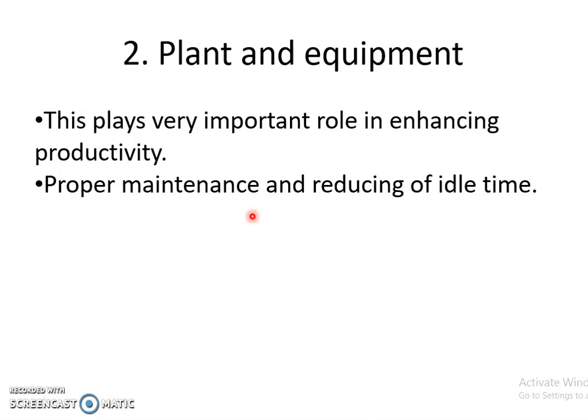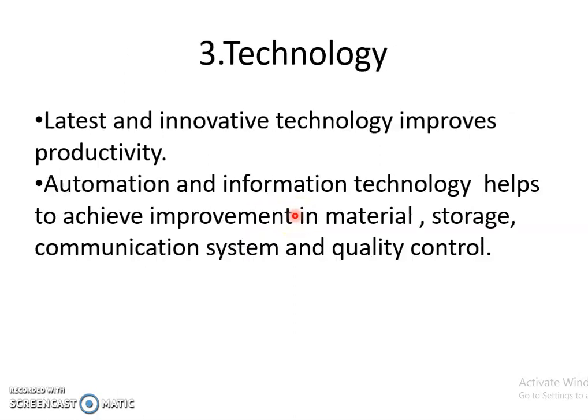Once the product is designed, how it is made offers the next opportunity for productivity improvement. Use of computers, CNCs, advanced inventory control, and a proper maintenance schedule have an impact on the production system. So proper maintenance and reduction of idle times are essential for productivity improvement.